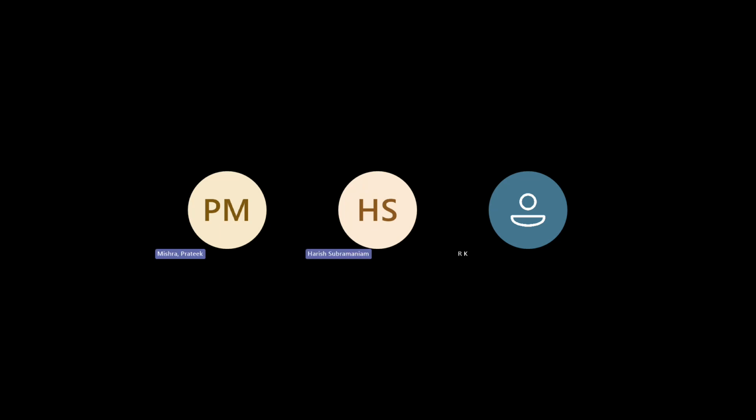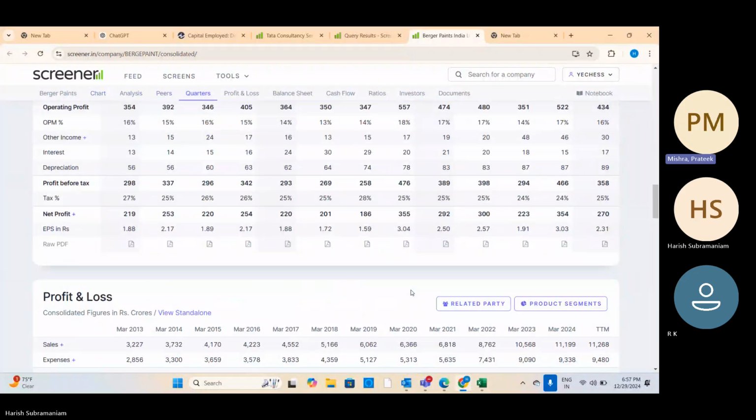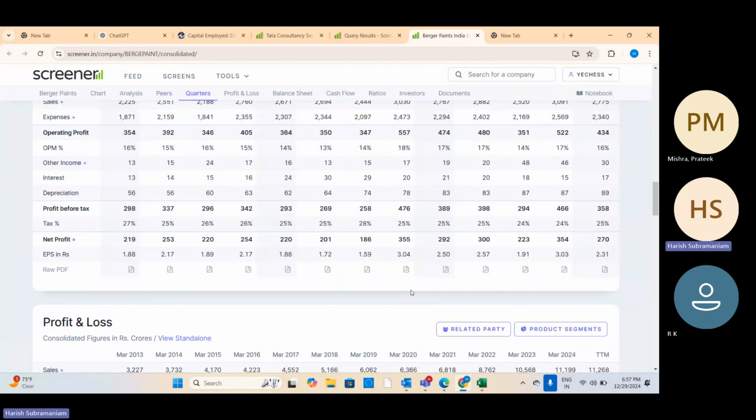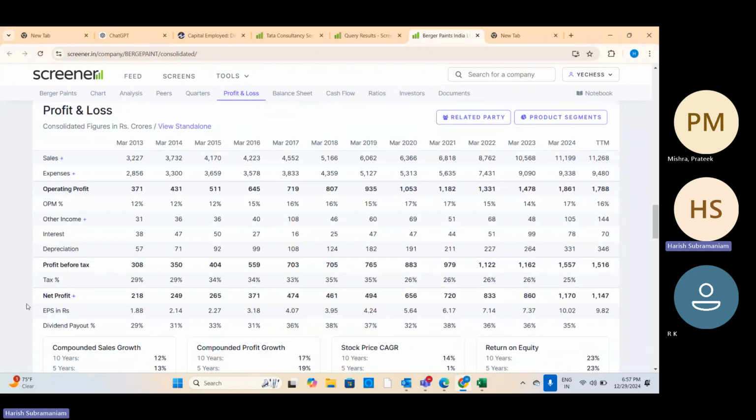Harish? Yeah. When you're talking about earnings, what does earnings comprise of? Is it the earning to the shareholder, or the company's earnings like net profit? See, this is the net profit over here.